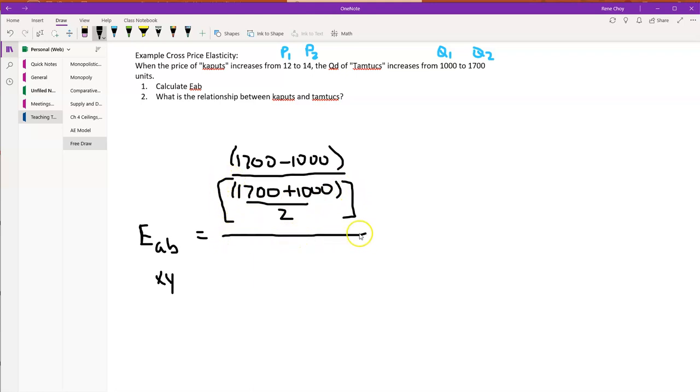Then I'm going to do my difference in price, so P2 minus P1, 14 minus 12. And then I'm going to do my average price, so 14 plus 12 divided by 2.